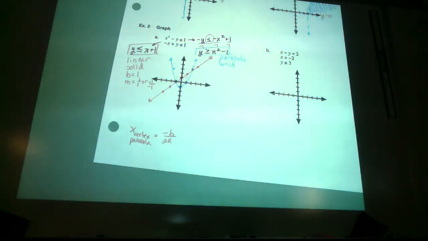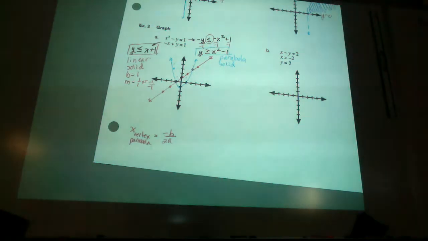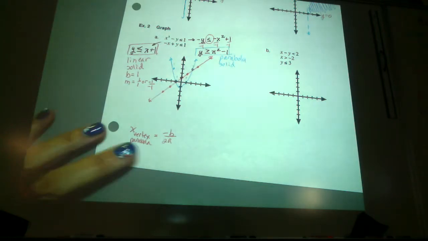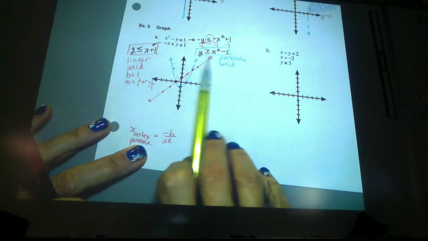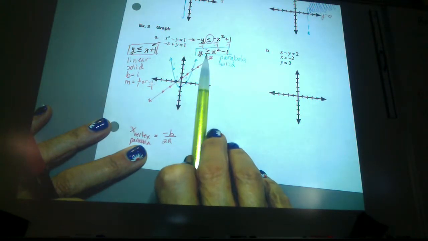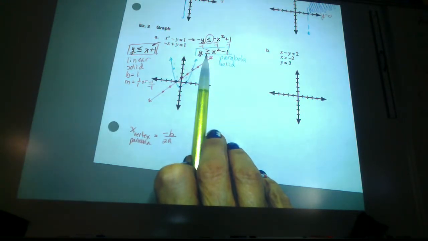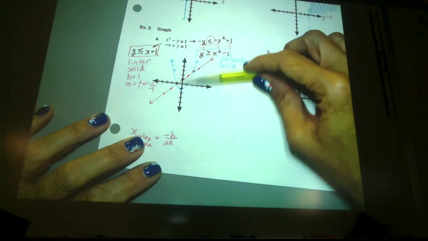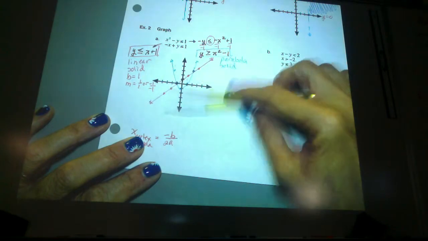So here's where it gets tricky. The parabola, if you look at the new formula for the parabola right here, when we change that sign, says y is greater than. So the shading for the parabola is greater than. Does that mean the shading is inside the parabola or outside the parabola?